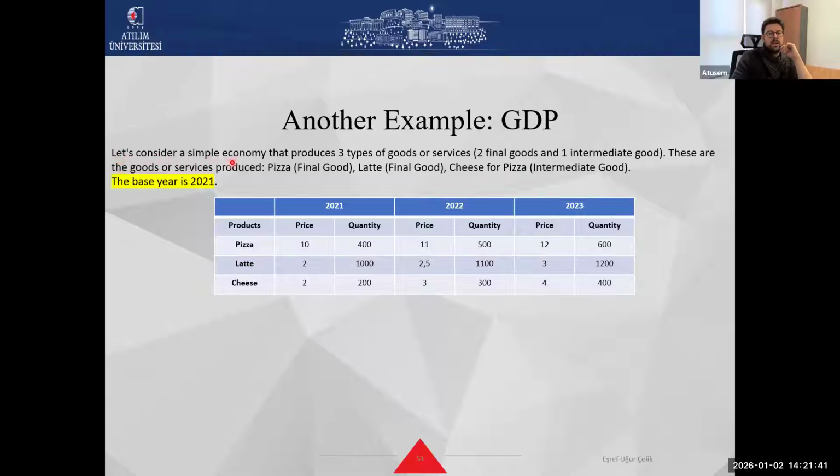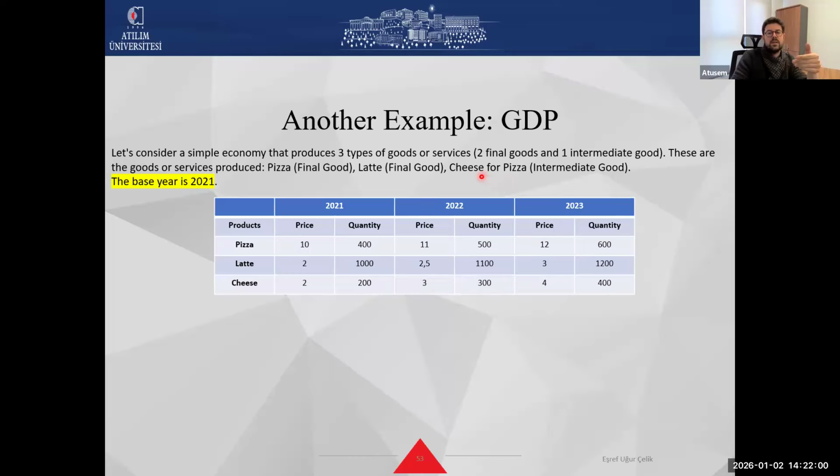Let's consider a simple economy that produces three types of goods or services: two final goods and one intermediate good. These are the goods produced: pizza, final good; latte, final good; cheese for pizza, intermediate good.